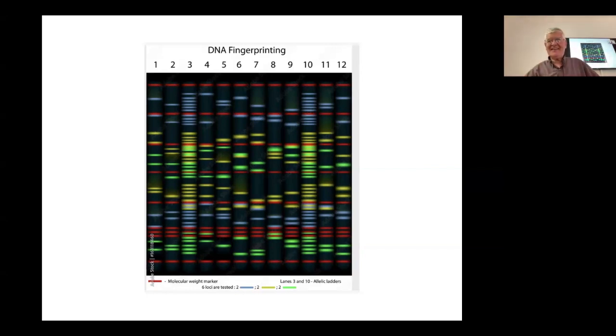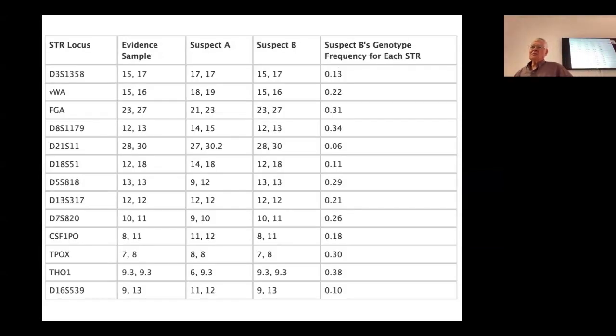Okay. So what these data look like in the end is given this example here. These are the different genes that the CODIS system works on. Let's say you had a rape victim. When you sample that DNA that was left at the crime scene for this particular gene, in this one it had 15 repeats and 17 repeats.